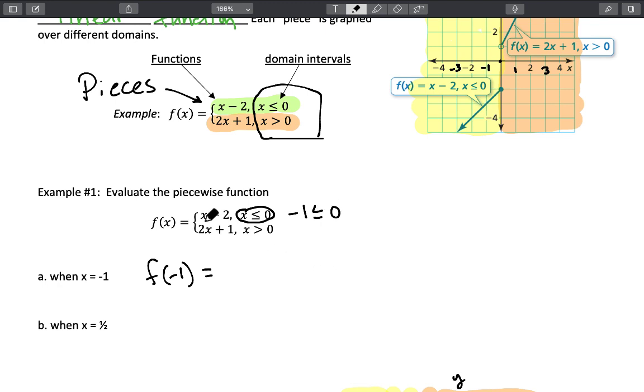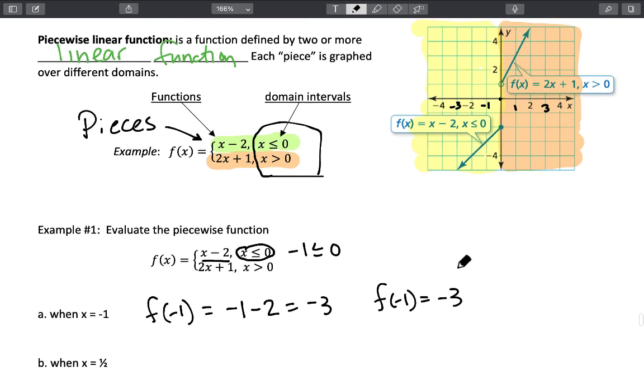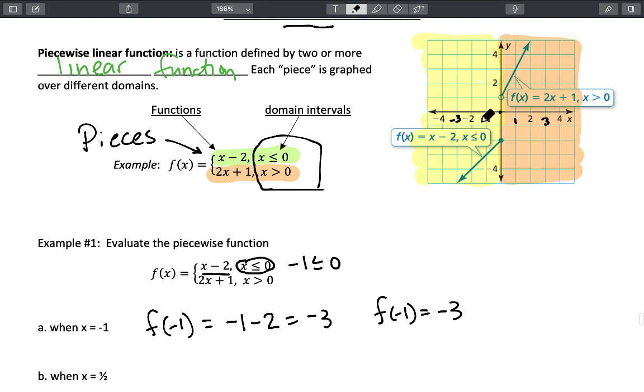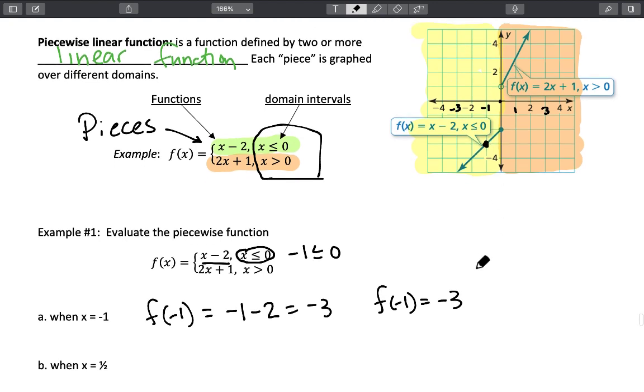So we are going to use this first equation, x minus 2. So we're going to say negative 1 minus 2, because our x value is negative 1. That results in negative 3. So we would say f of negative 1 is equal to negative 3. And you can confirm that by looking at the graph here. Here's where x is equal to negative 1. We go down to the graph, and there's the output at negative 3.